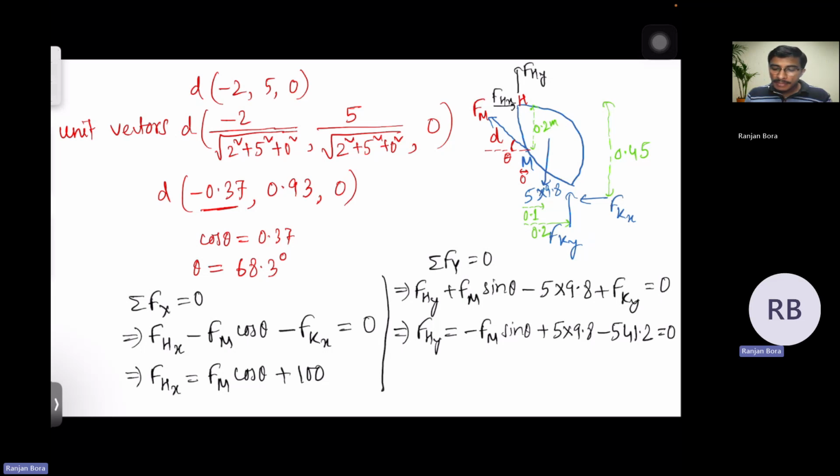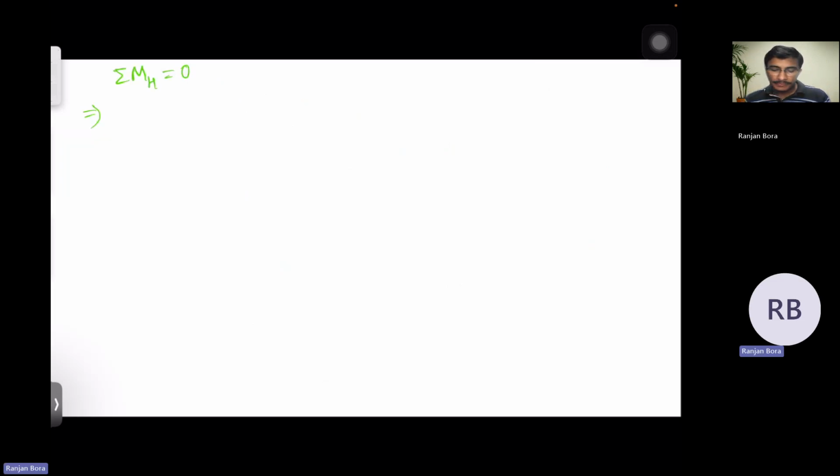The horizontal component of Fm is Fmx and the vertical component is Fmy. For Fmx, the moment arm is 0.2, and we'll take clockwise as positive.